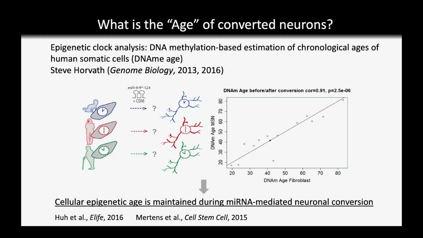So what we did was take fibroblast samples from a baby all the way to an 80-year-old person. Then we measured the clock, turned them into neurons using microRNAs, and measured the epigenetic clock before and after conversion. Basically our conclusion was that the epigenetic methylation, or epigenetic age information, carries over into neurons.